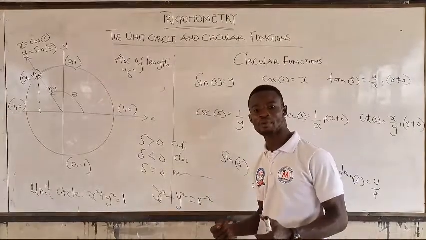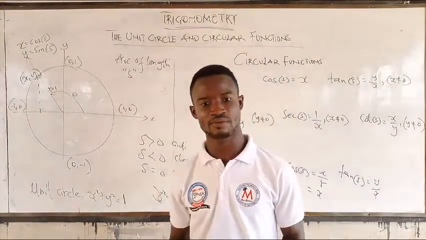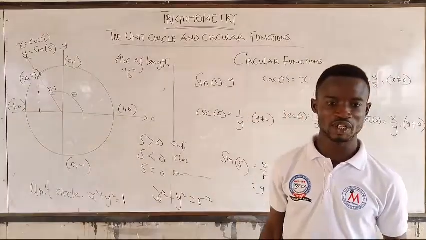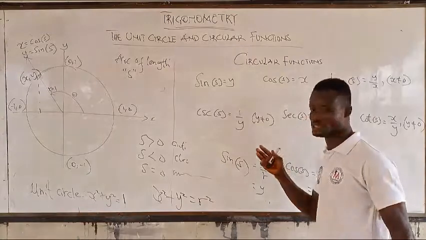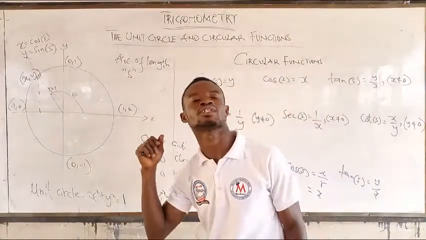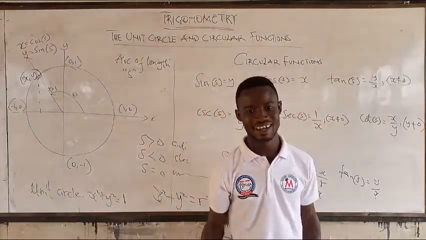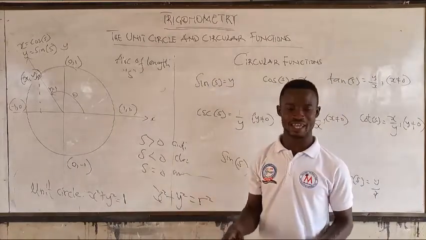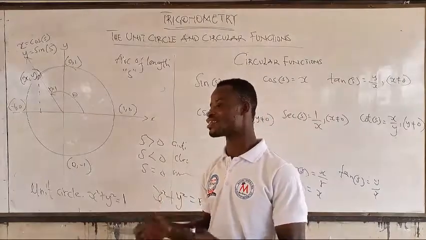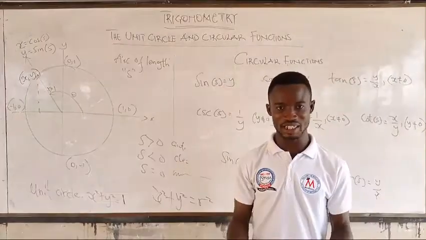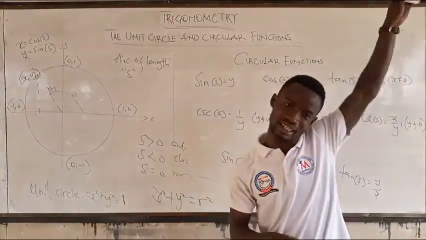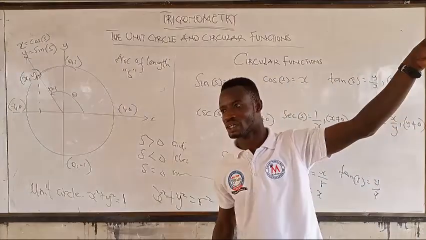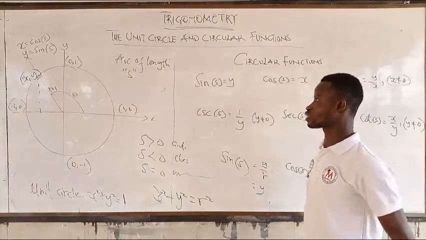Now, since x represents the cosine of x, and y represents the sine of x, because of the discussion we previously did, we are now going to look at how to convert between degrees and radians. We have done that already in, I think, the second or third part of our video in trigonometry.